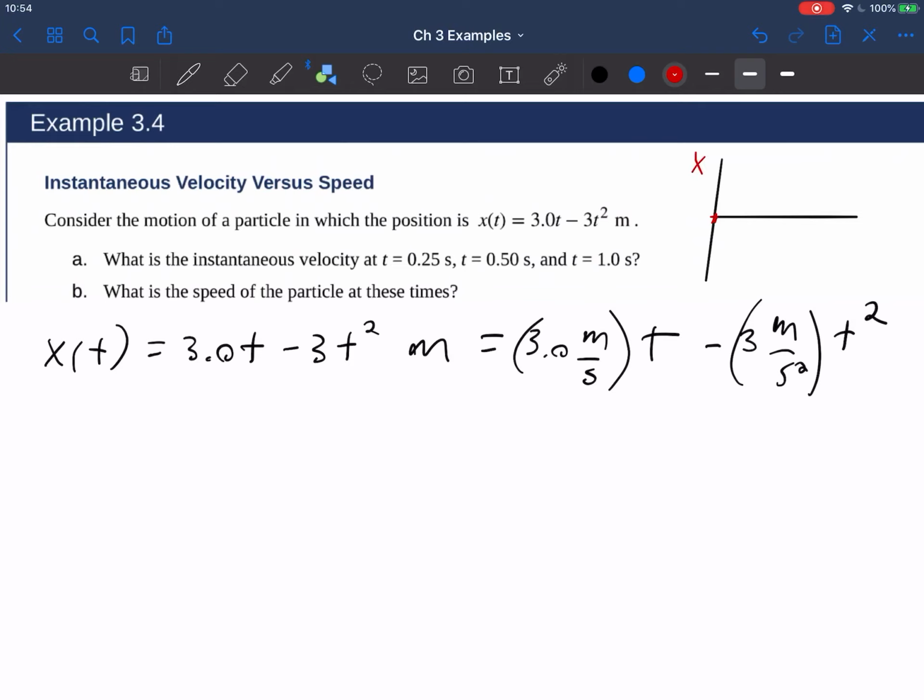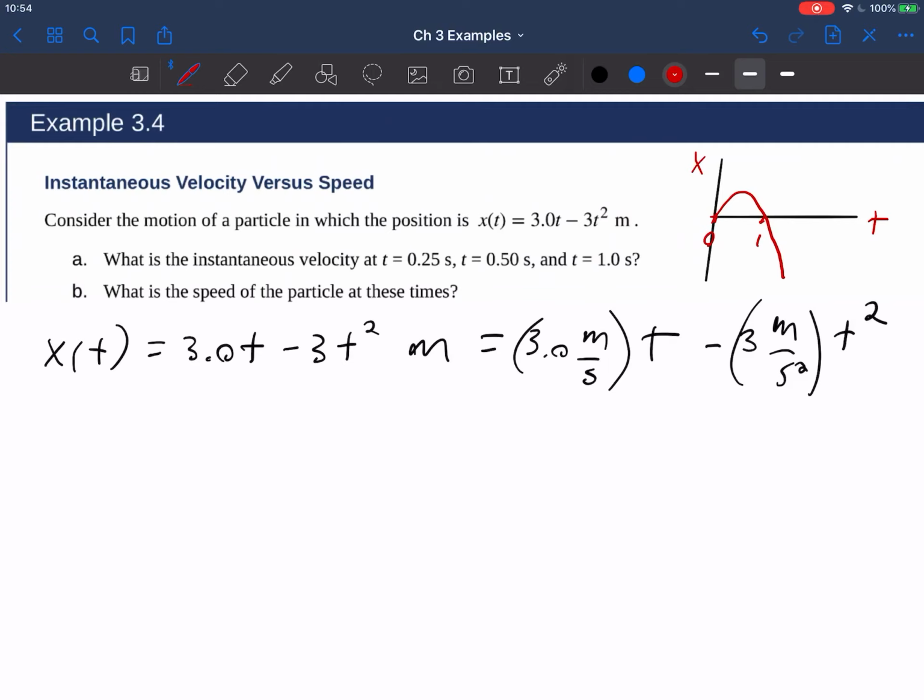And I can also plug in time equals 1 to this equation and see I have 3 minus 3, and so I'm definitely at position 0 at time equals 1 second. And in between, it goes up like this and comes down like this in a parabola. So this is the position as a function of time that they tell us in the problem.